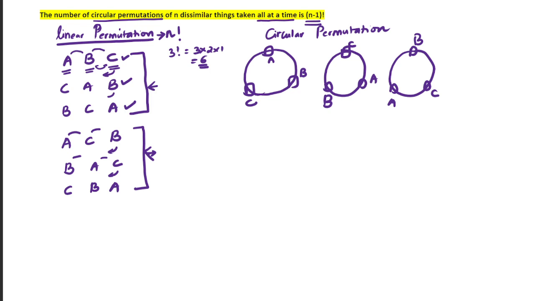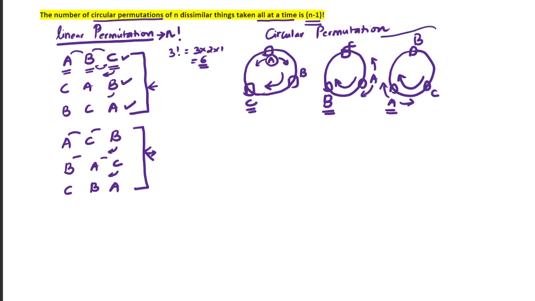If you look at them, A, B, and C are arranged in a clockwise direction, and with respect to all of them, for A, for example, his right hand side is always C, left hand side is B. So as here, his left hand side is B, right hand side is C. Nothing has changed for A. And as for C and B also, their left hand side and right hand side wouldn't have changed.